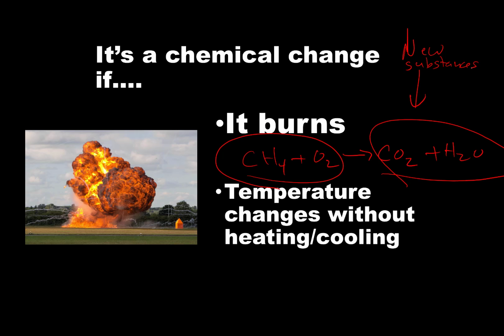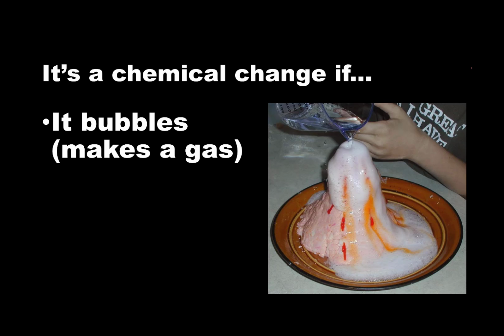When you take it out of its package, the iron mixes with oxygen, and that causes a chemical reaction. It results in iron oxide, a new chemical that's formed, and the temperature will increase because that is releasing energy as the chemical reaction happens, and that's what keeps your hands warm. That would be a great example of a chemical reaction because it releases heat. That's an indication that a chemical reaction is happening.